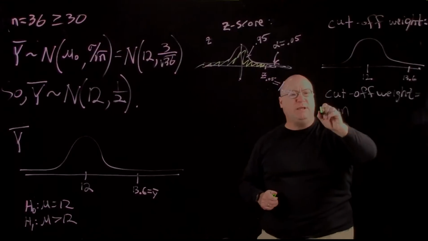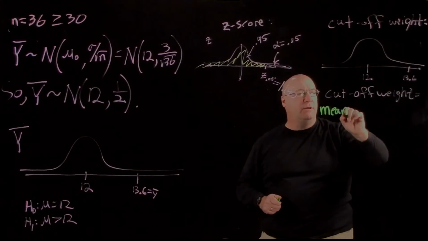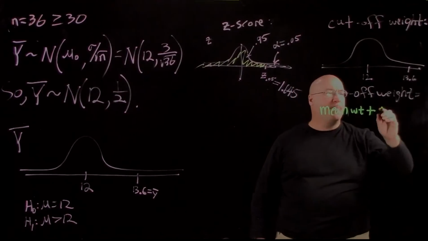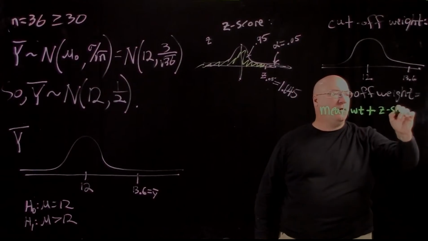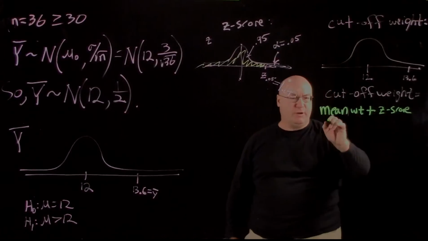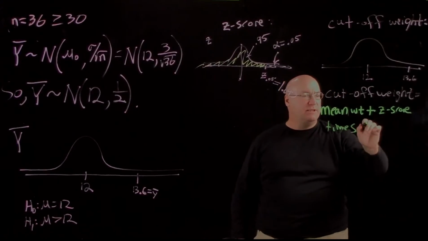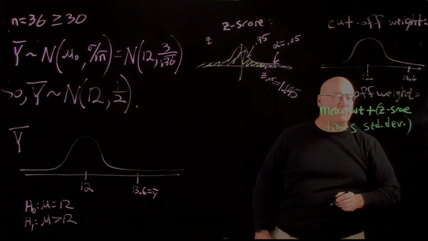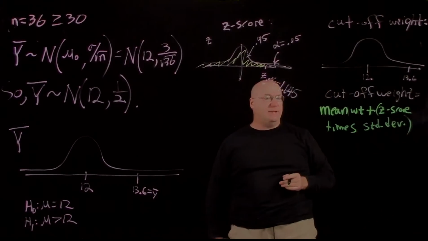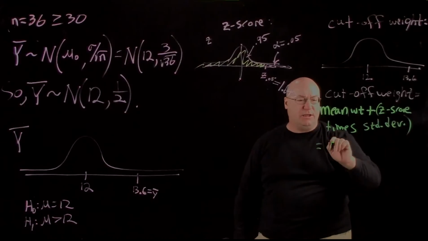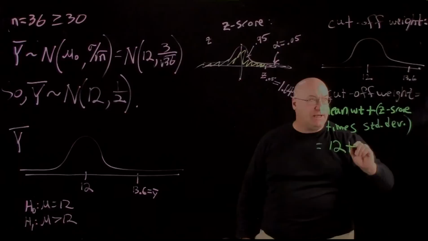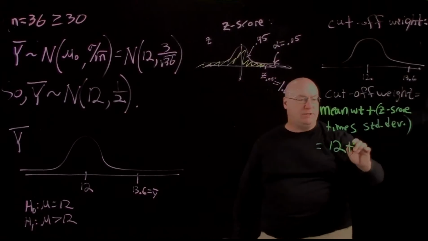You want to do the mean, that's better, mean weight plus z-score, I'm running out of room here, but times standard deviation, right? So it's a z-score times standard deviation, and you add that to the mean weight. So it is 12 is what we're assuming the mean is, plus the z-score we found to be 1.645.